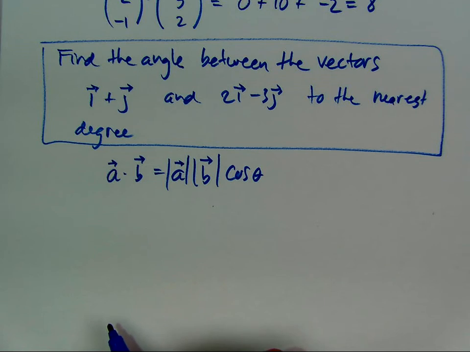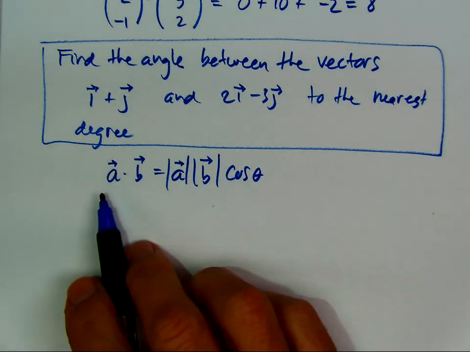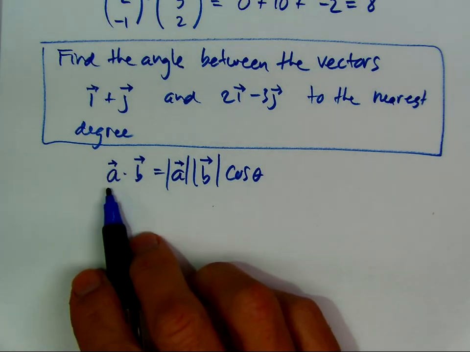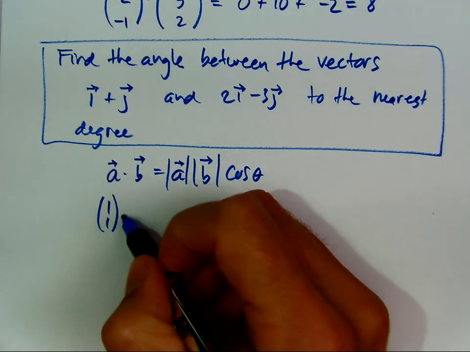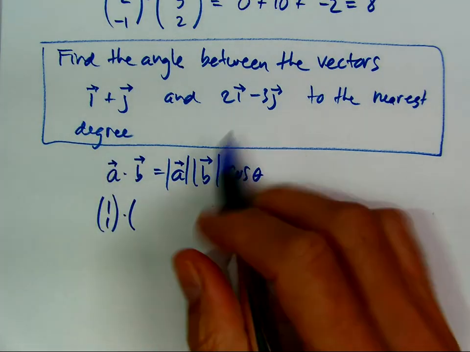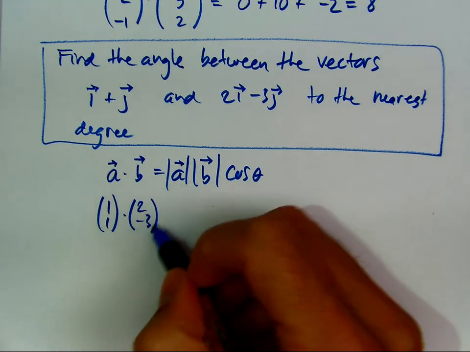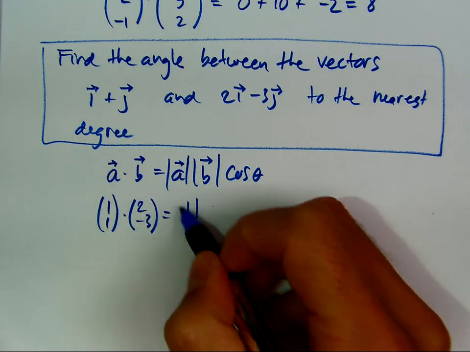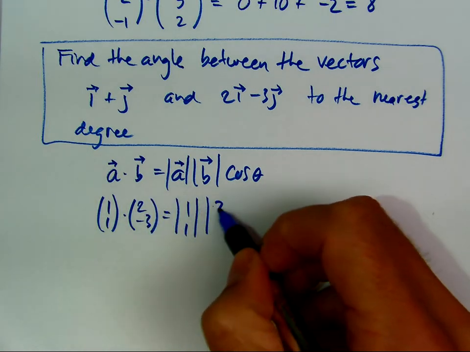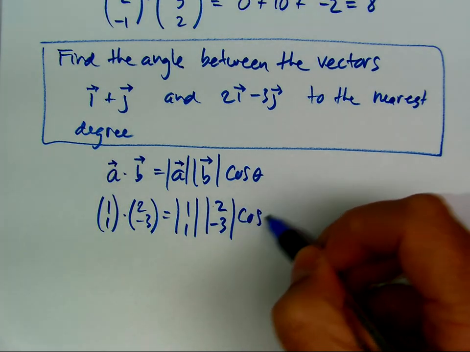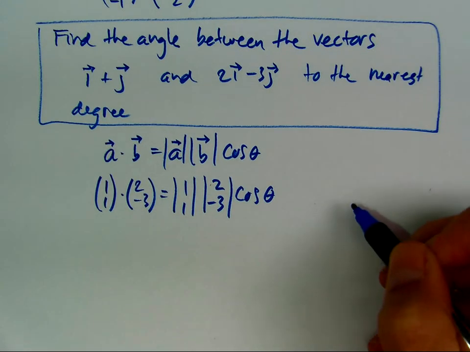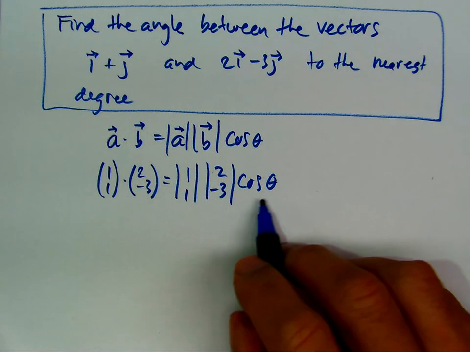Let's say this is going to be 1, 1, and this is going to be 2, negative 3: magnitude of 1, 1, and the magnitude of 2, negative 3, cosine of theta. So we're going to solve for theta.